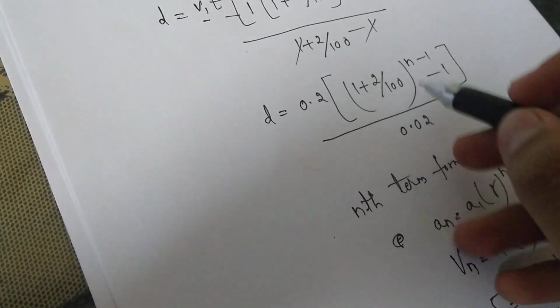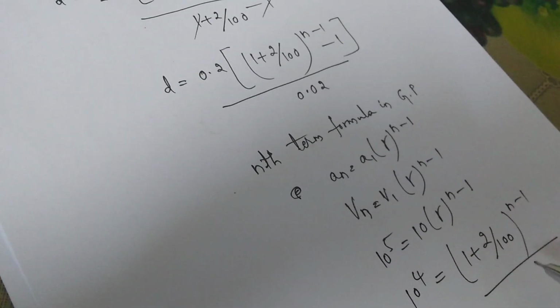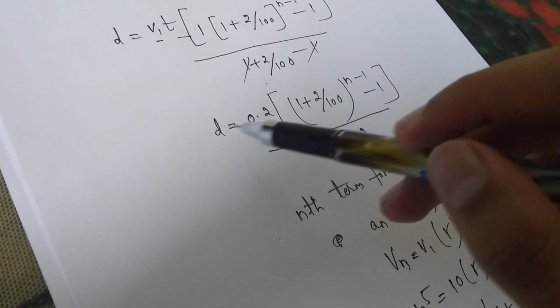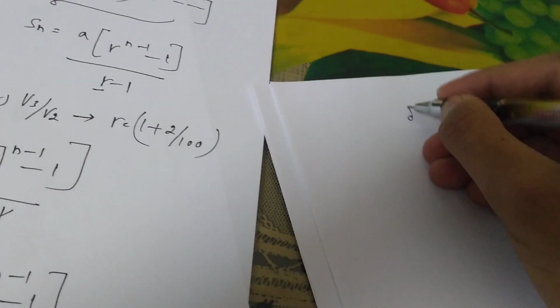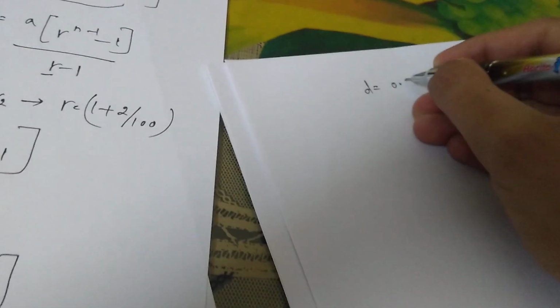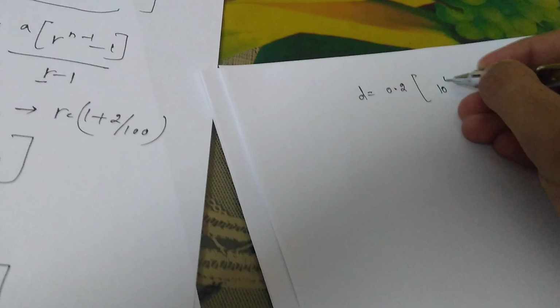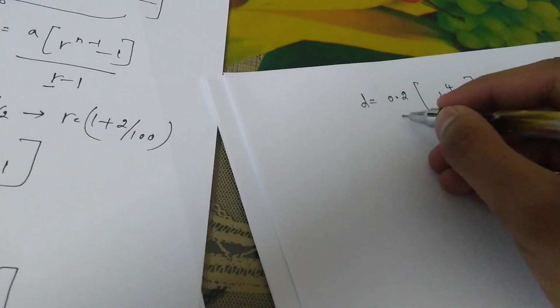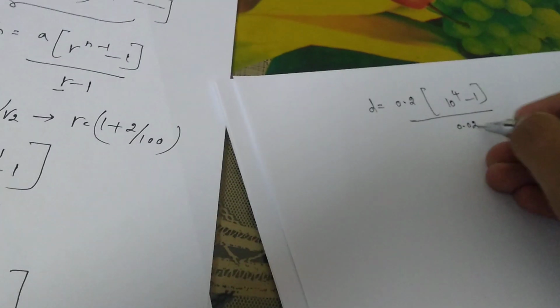So we have this term, (1 plus 2 by 100) whole to the power of n minus 1, equal to 10 to the power of 4. I'm going to substitute 10 to the power of 4 into this. Now D becomes 0.2 into (10 to the power of 4 minus 1) divided by 0.02.